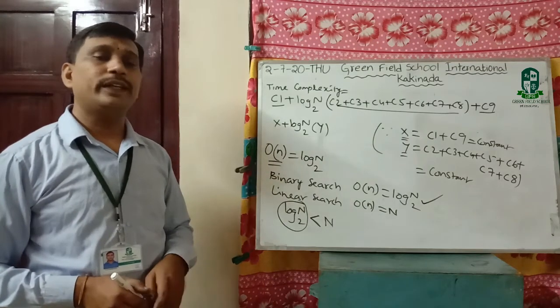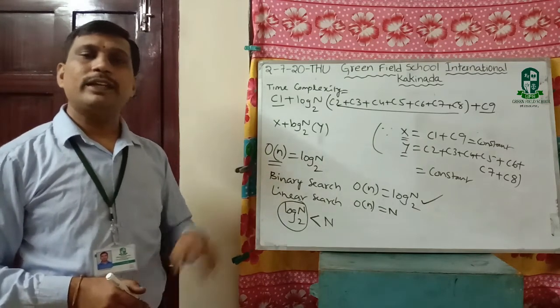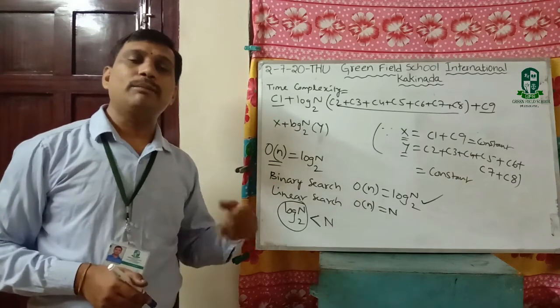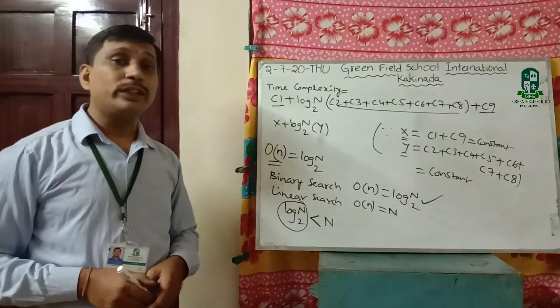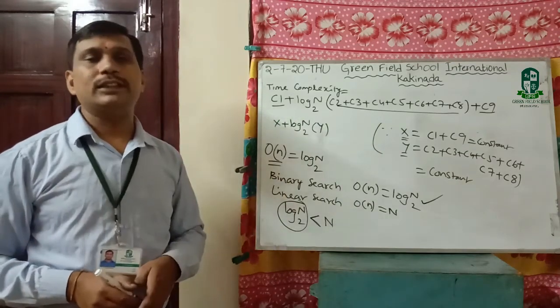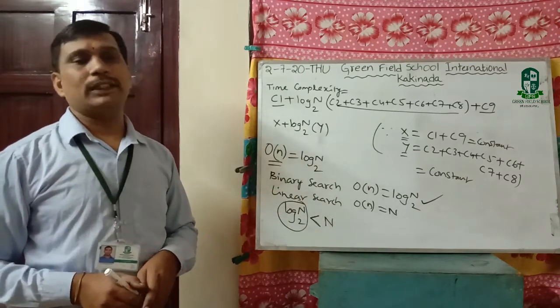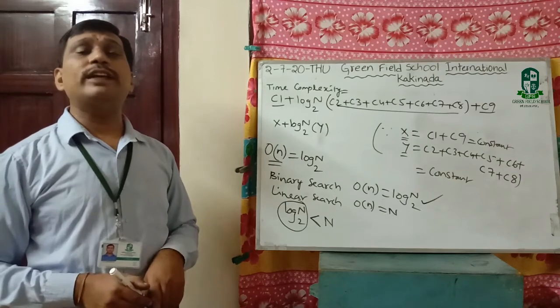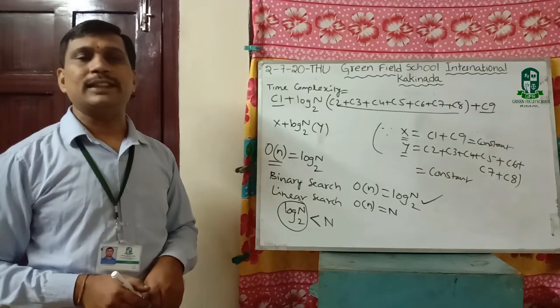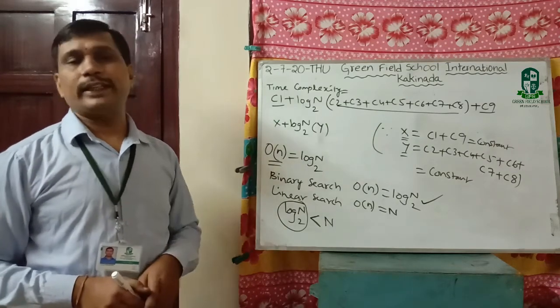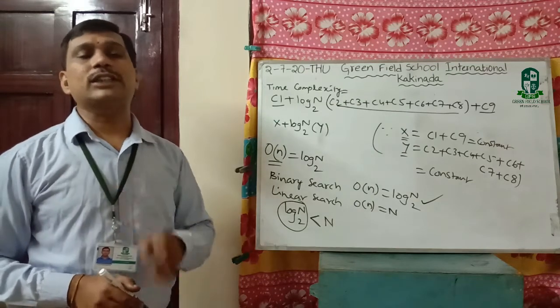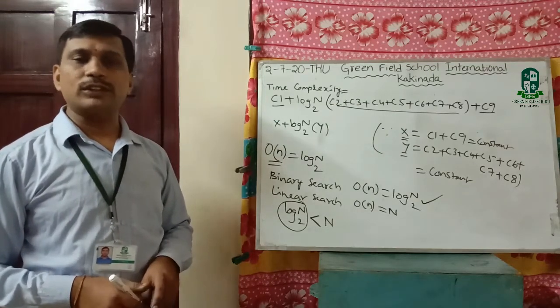In this way, for a given problem, when a number of techniques are available, we calculate the time complexity for each and every technique, then decide which one is the best among all these techniques, and continue the process.